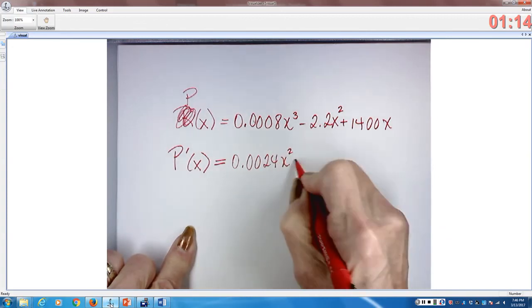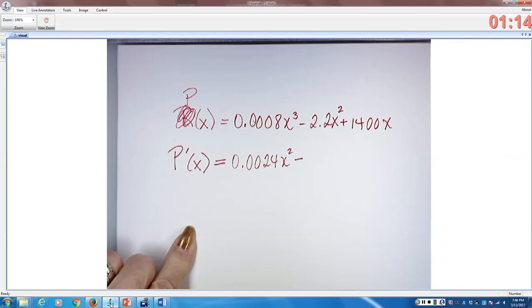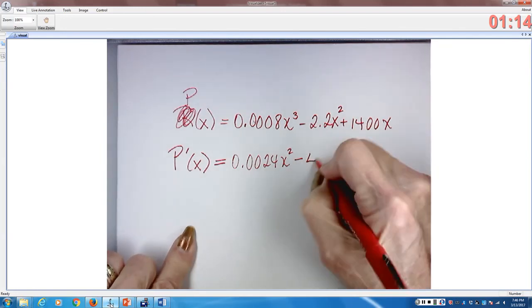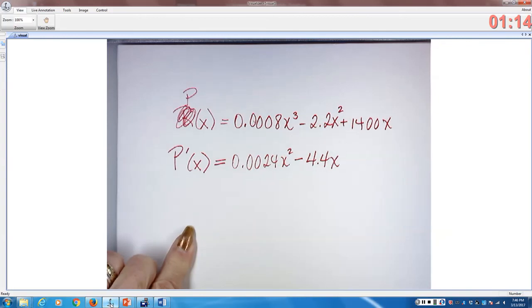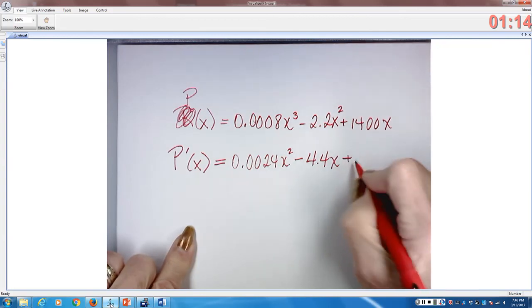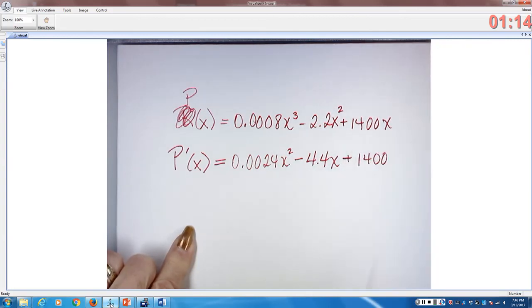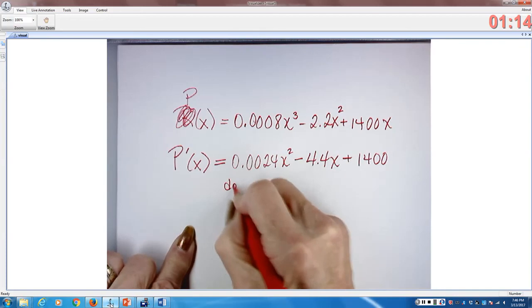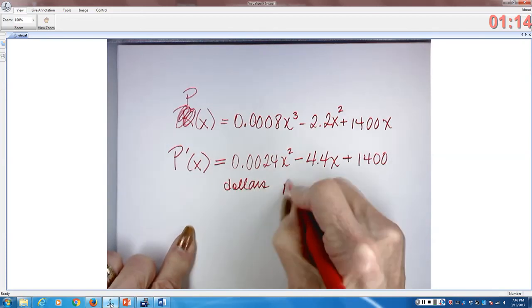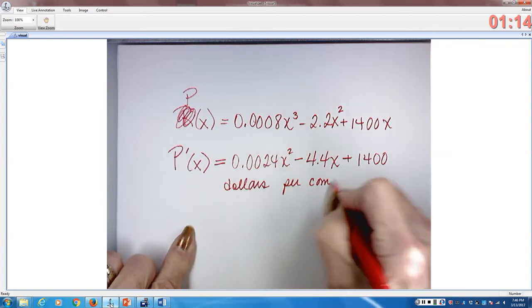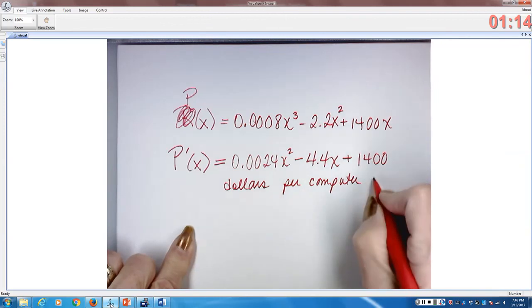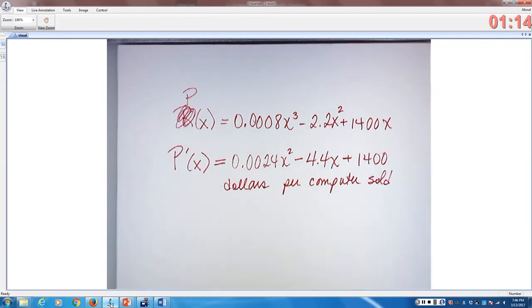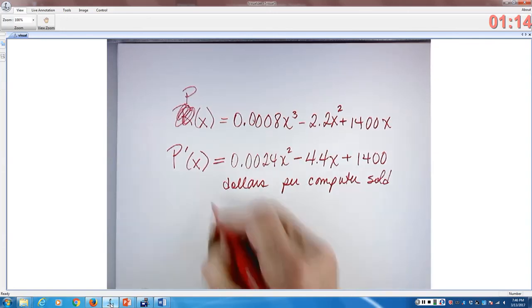Good job. And this is dollars per computer sold. Always keep in mind what it is. And I need to know when my profit is going to be the highest.